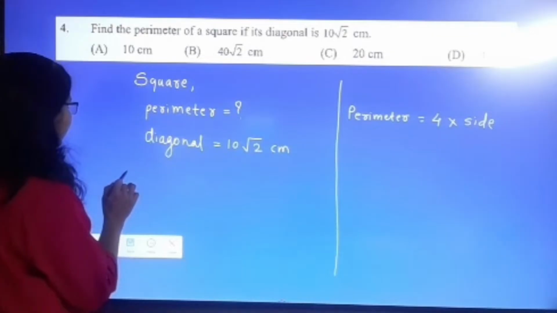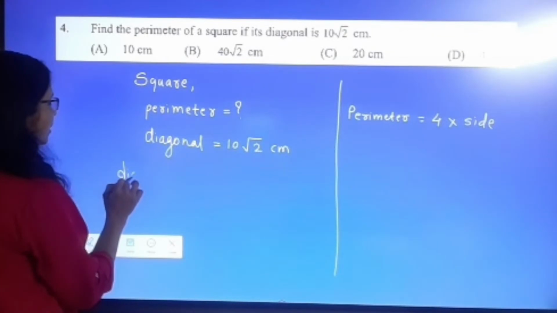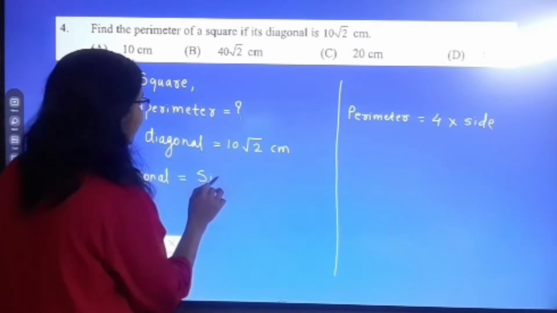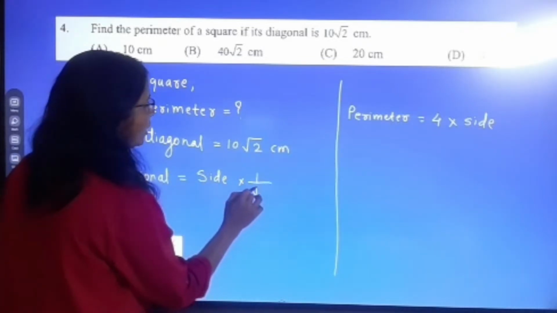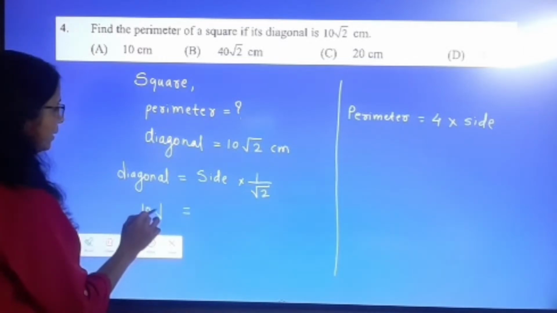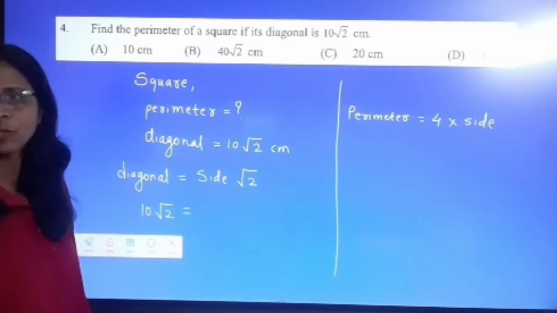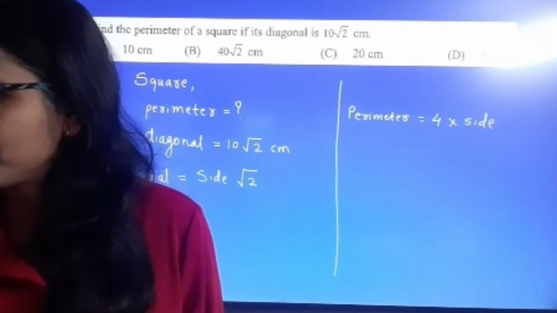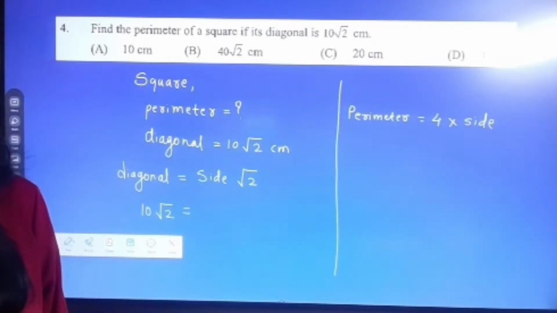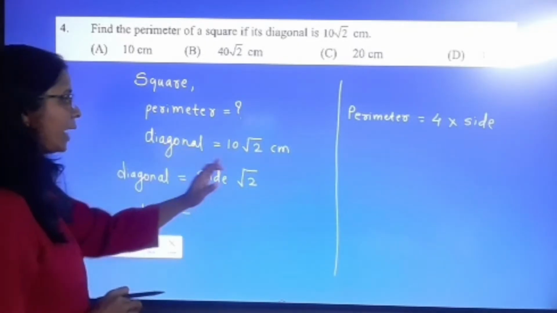Here the diagonal is equal to side root 2.